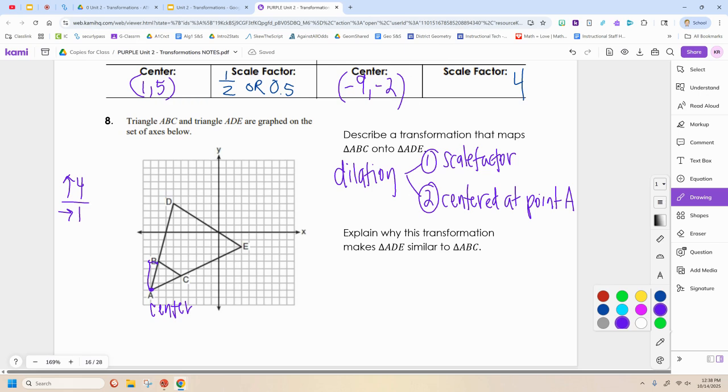Well, what's happening when I go from A all the way up to D? We're still going up and to the right.